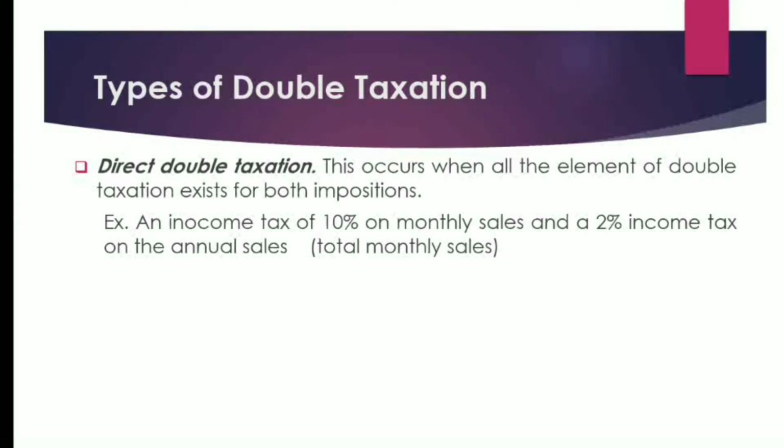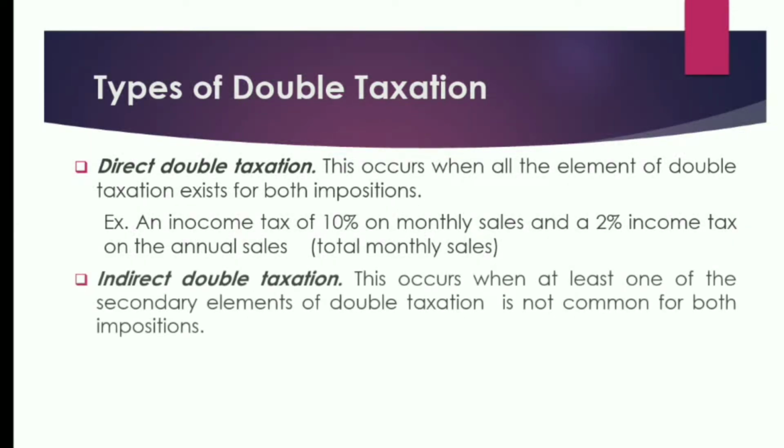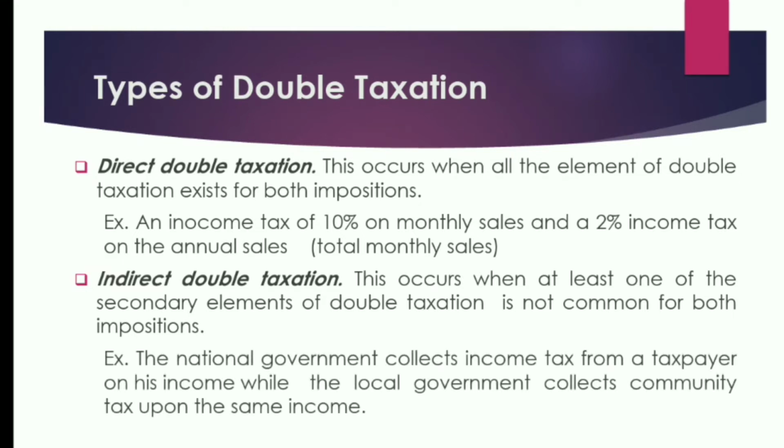The second type is indirect double taxation. This happens when at least one of the secondary elements of double taxation is not common for both impositions. For example, the national government collects income tax from a taxpayer on his income, while the local government collects a community tax upon the same income.